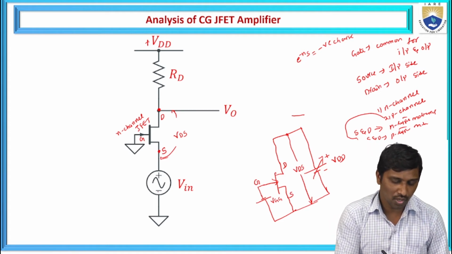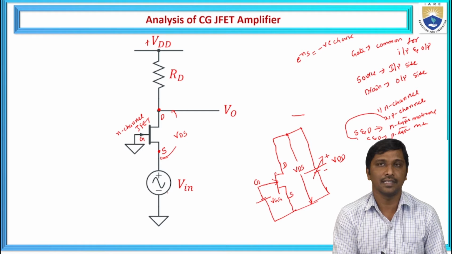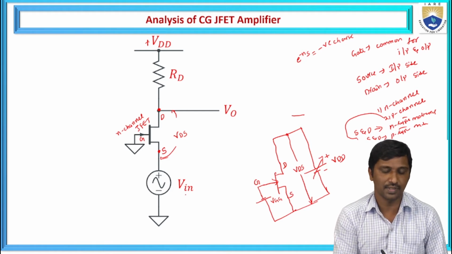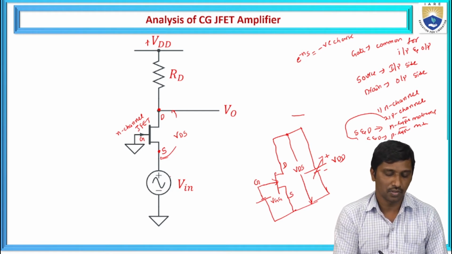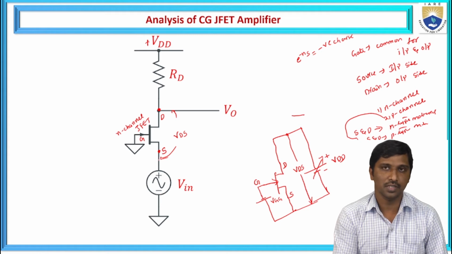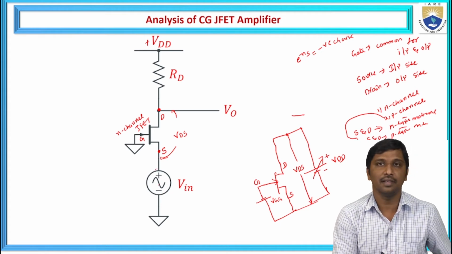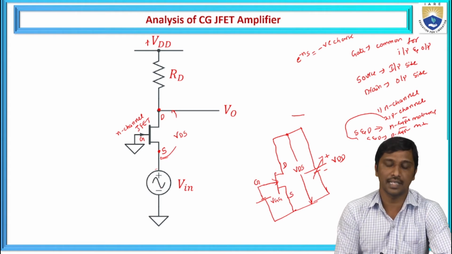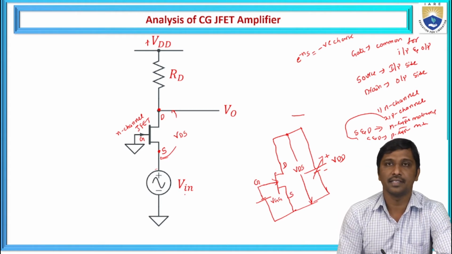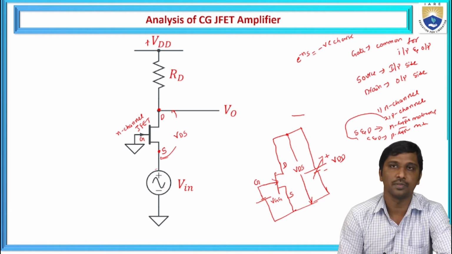Across the source terminal, I apply an AC signal, the input signal, represented as Vin. This is the AC source. The gate is common for input and output.